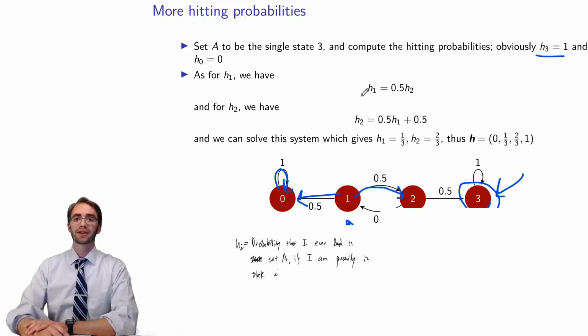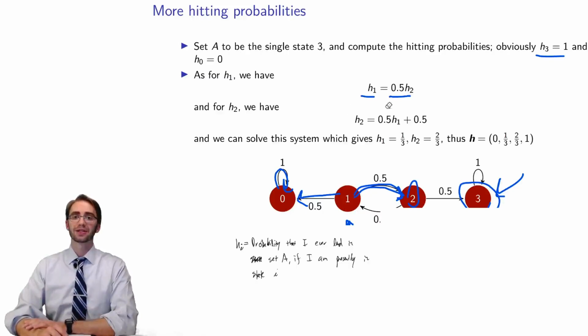And so therefore I'd say, well, h1 is 0.5 times h2. Because there's a 0.5 probability that I'd go to state 2, and then I'd say, now I'm in state 2, so what's the probability that I land in state 3 at some time in the future? Well, that's h2 by definition. And what is true about h2?